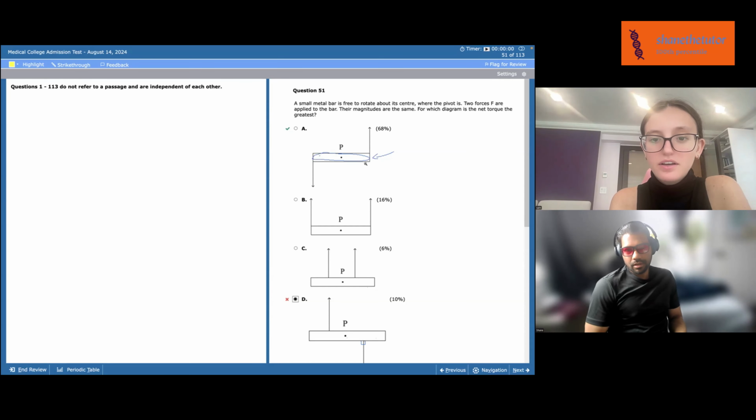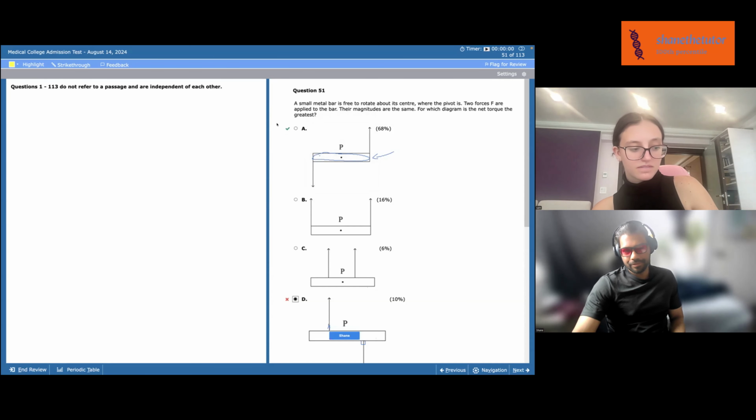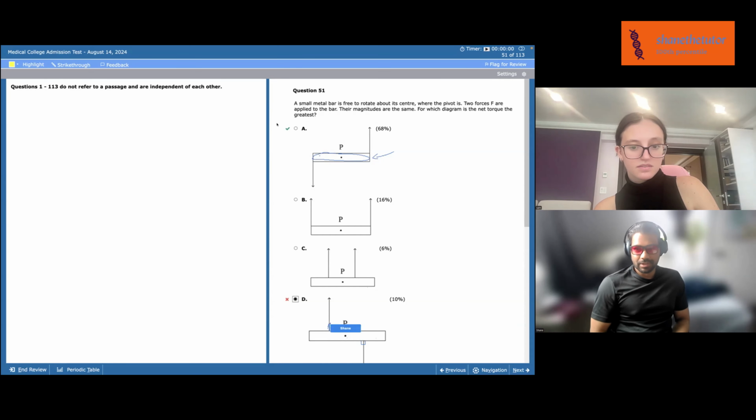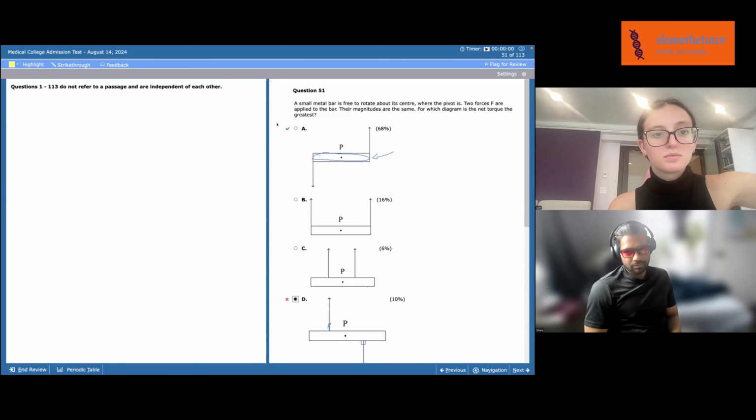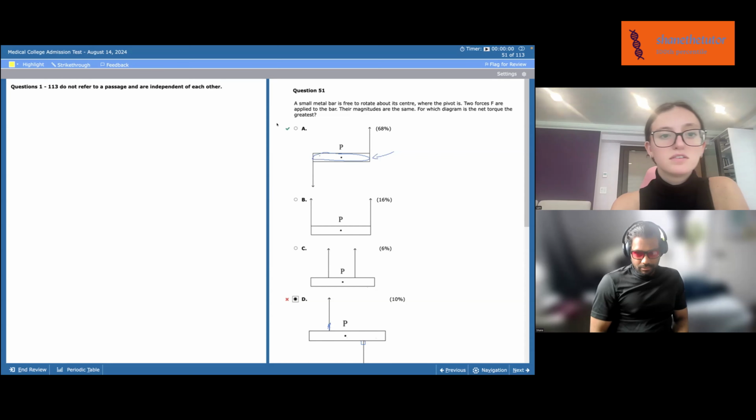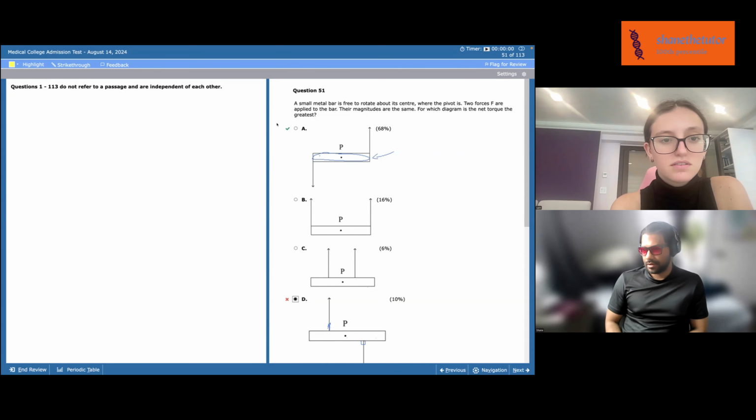I understand that if it's about the center and you apply force here, then it opens both. But that would be the same thing with this, right? No, because the place where you apply the force is what makes it easier or harder to open.